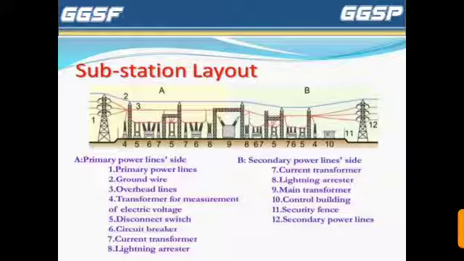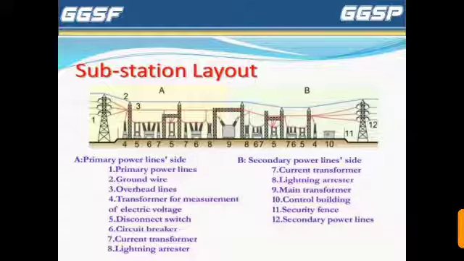Next is substation layout. Now we will see the components of primary power line sites and secondary power line sites. First, primary power lines: ground wire, overhead lines, transformer for measurement of electric voltage, disconnect switch, circuit breaker, current transformer, and lightning arrestor.